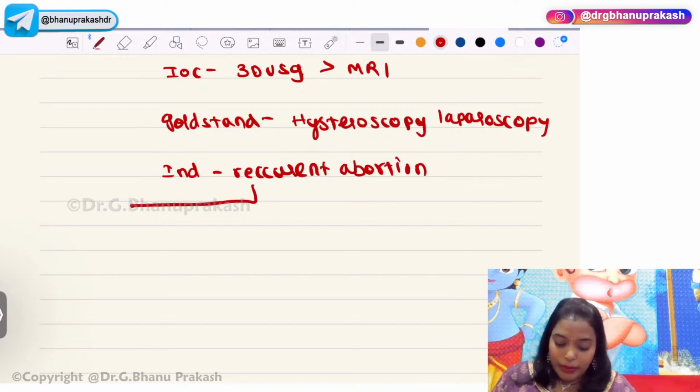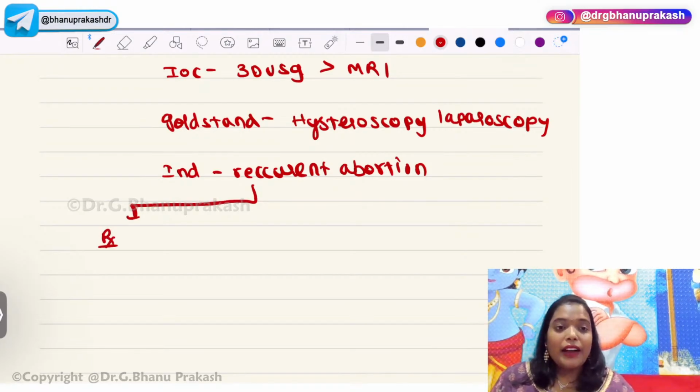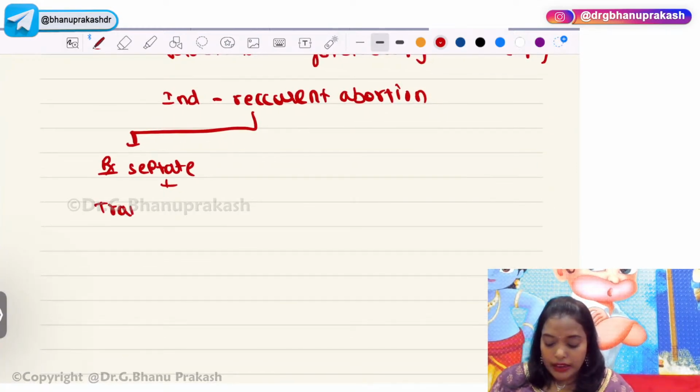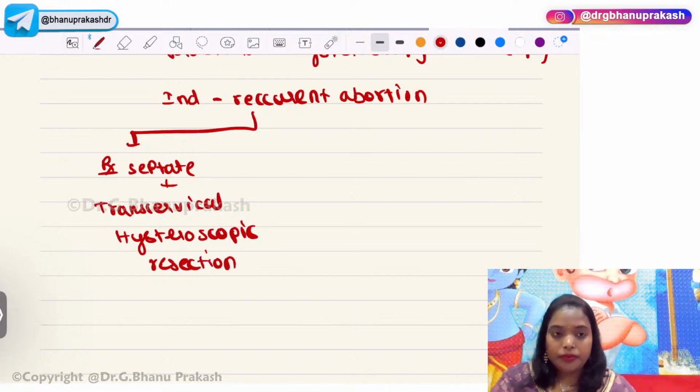So what is the treatment which we give here? If they have septate uterus, we'll do transcervical hysteroscopic resection.